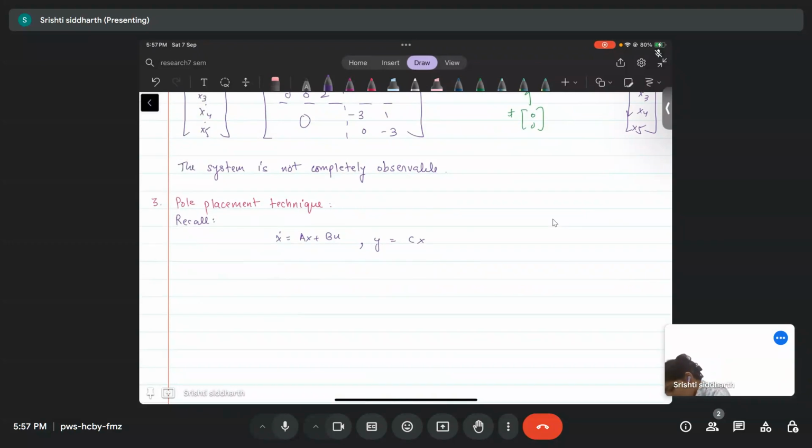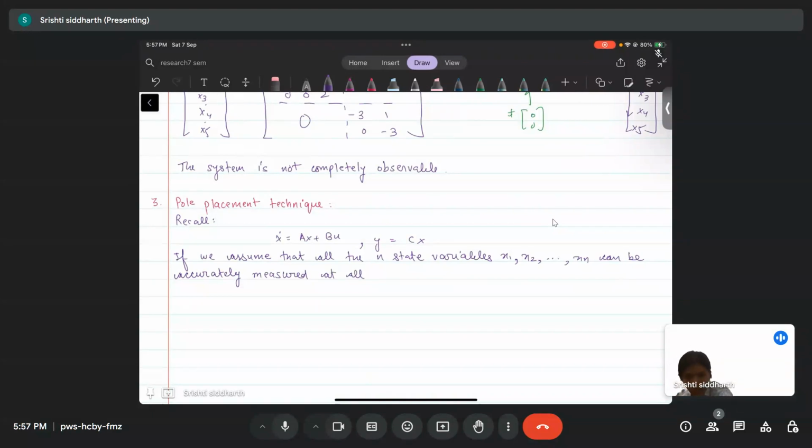So if we assume that all the n state variables x1 through xn can be accurately measured at all times, that is, we can construct a feedback control law using these measurements.